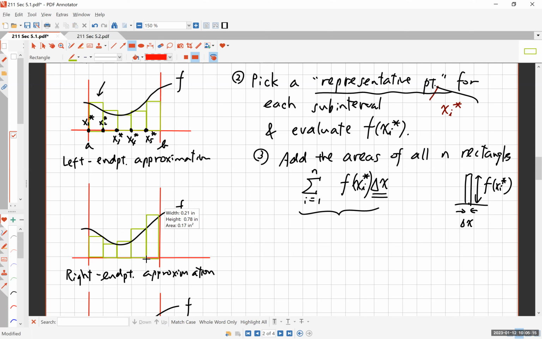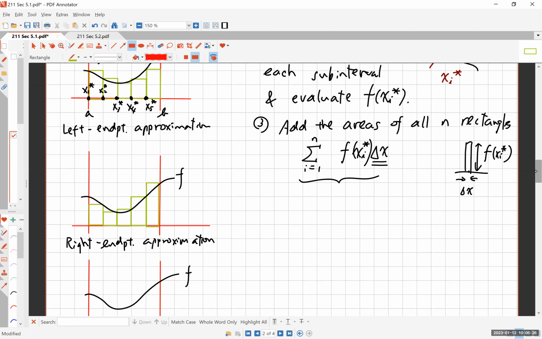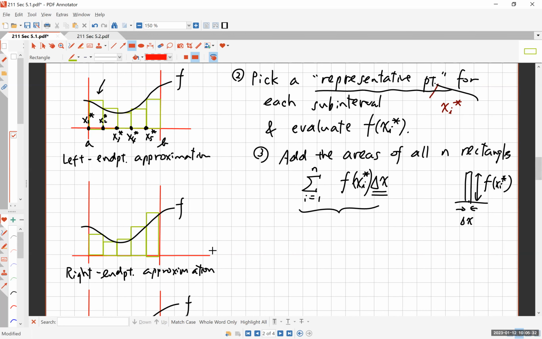And so you get this rectangle. If you add up all 5 areas of the 5 rectangles, you get the right endpoint approximation, which will probably be bigger. Just by looking at the picture, this will be a bigger approximation number than the first one.